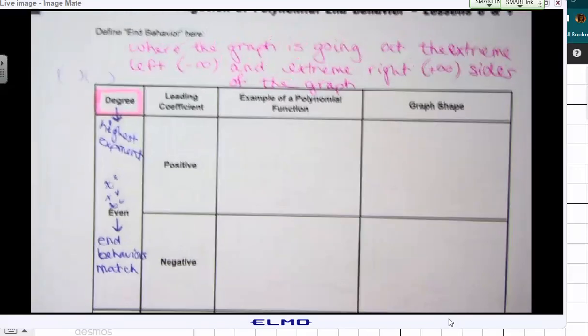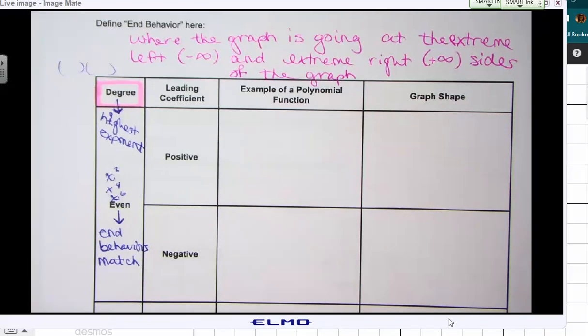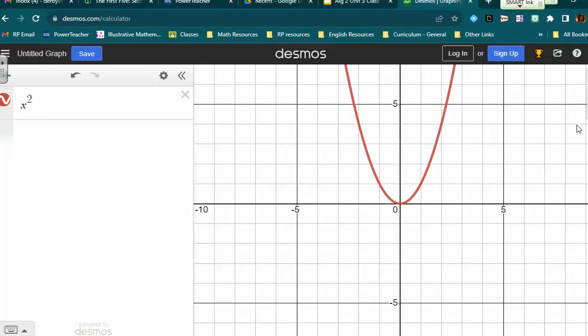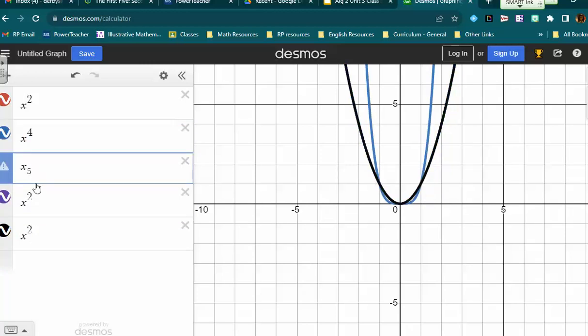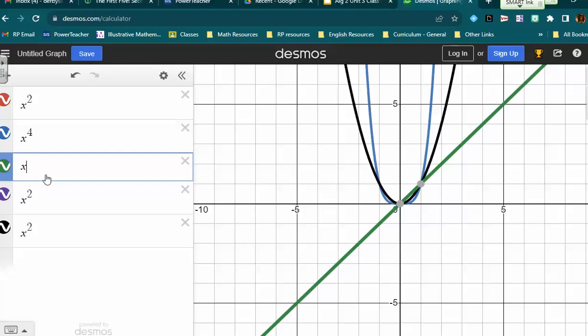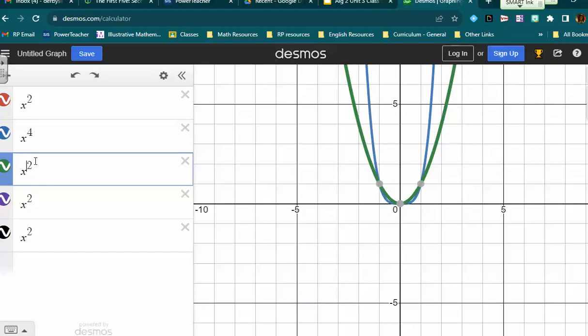Okay. So let's just do a little Desmos. I've got a Desmos screen up here too. So I already have x squared graphed, and I can change that to any number of different equations. I'm just going to put a whole bunch of them here, and I can see that if I change it to any even numbered exponent, the end behaviors are still matching.